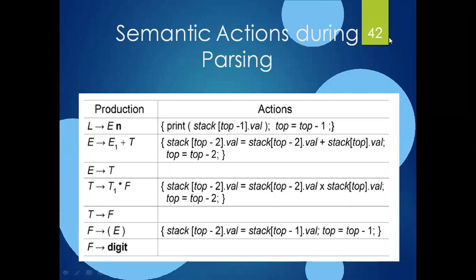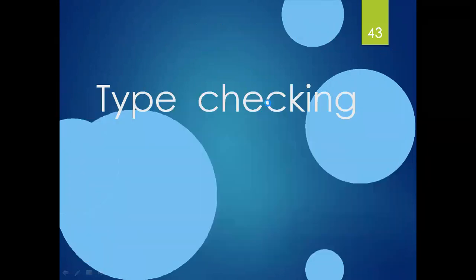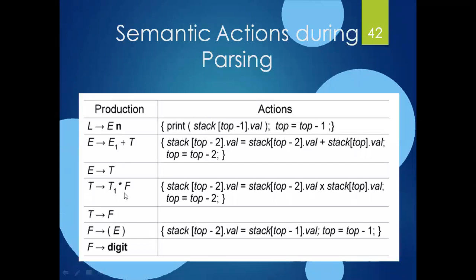And while coming to the fourth rule, again the right hand side of the production is pushed onto the stack. Now, which one becomes top minus 2? T becomes top minus 2, star becomes top minus 1, F is on the top of the stack, right? So stack of top minus 2 dot val is equal to stack of top minus 2 dot val into stack of top dot val, right?